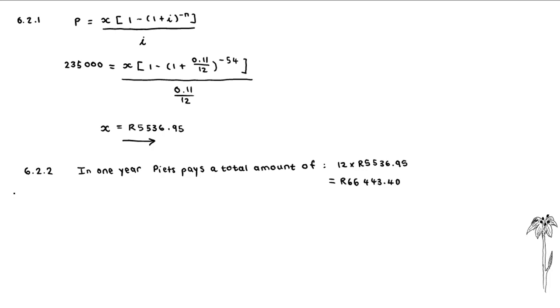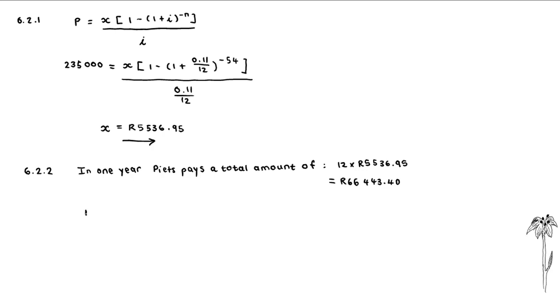If he's paid off for 12 months, the time remaining is 54 minus 12, so the amount of time remaining is 42 months. So that's the balance on the loan.